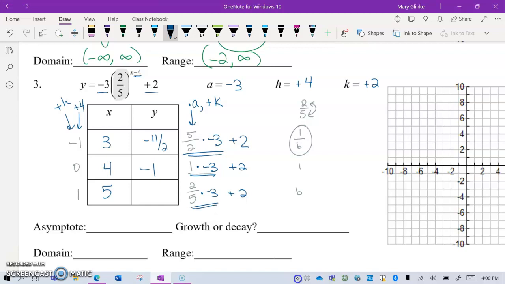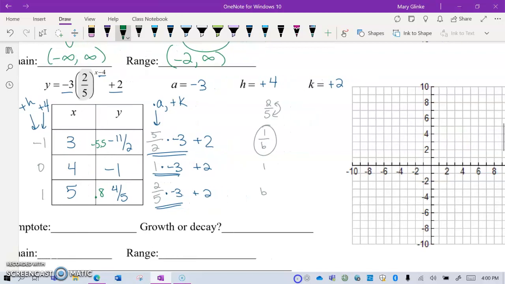And 2/5 times -3 plus 2 is 4/5. If you'd rather use decimals, so -5.5 and 0.8, that is totally fine, because honestly that helps us graph a little bit nicer. 3, -5.5 is a little bit easier to think about. 4, -1, and 5, 0.8.